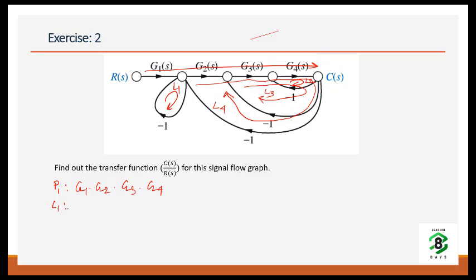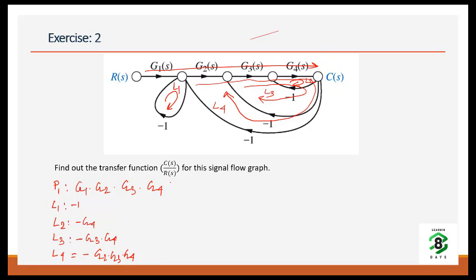Now let us write the loop gain for each of them. L1 gain is nothing but -1. L2 gain is -G4. L3 is -G3 G4, and L4 is -G2 G3 G4.